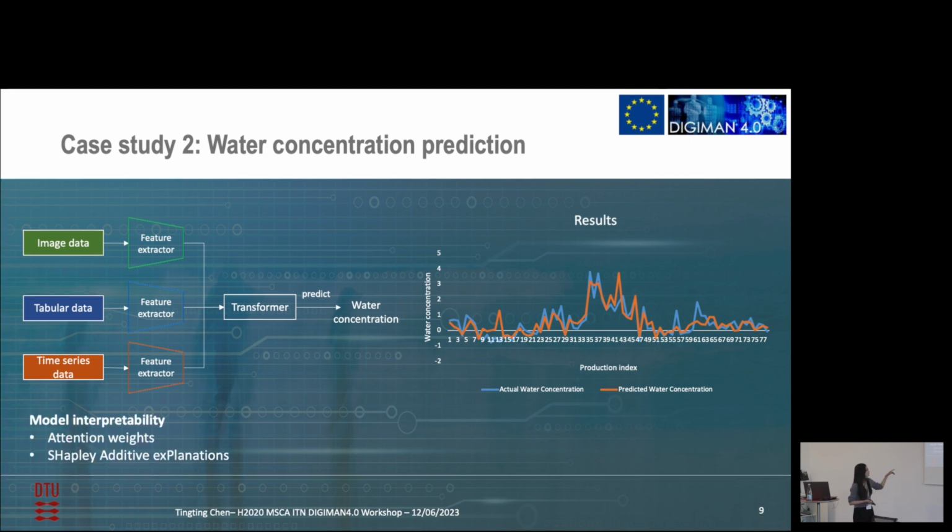So currently, I'm still working on model interpretability, utilizing the attention weights to try to find some explanations, and I'm also working with another tool that can directly generate feature importance.